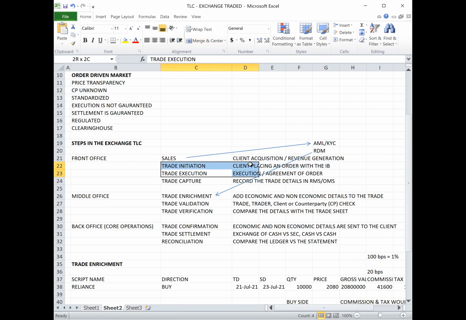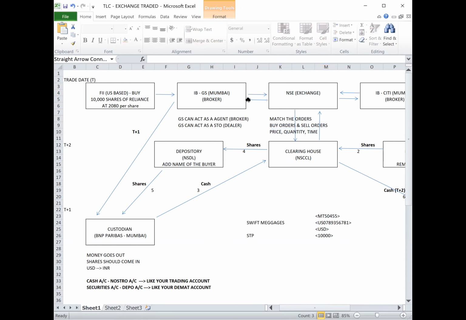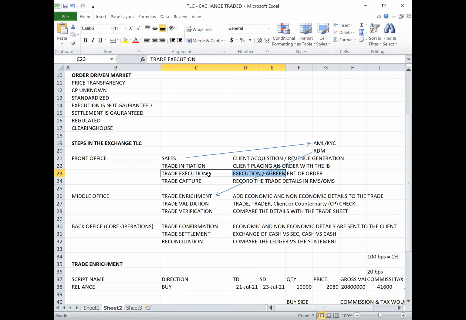Next, you have trade execution. What happens? Once the order is placed with the investment bank, a broker will place the order with the exchange, and the exchange will execute the order and confirm to the broker that the order is executed. So all this is trade execution. Execution of the order.